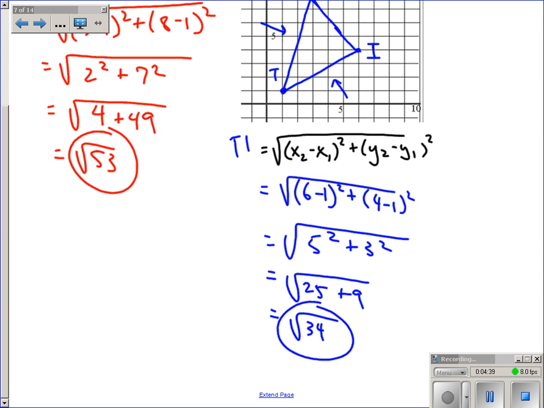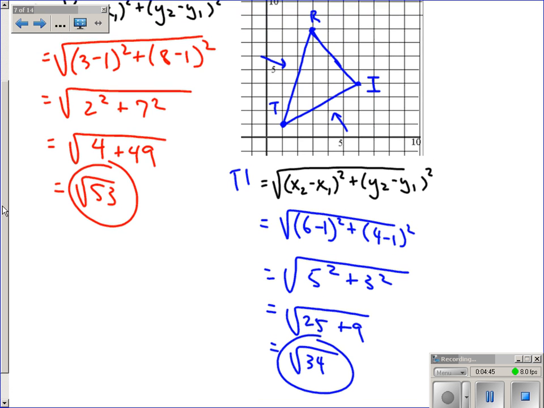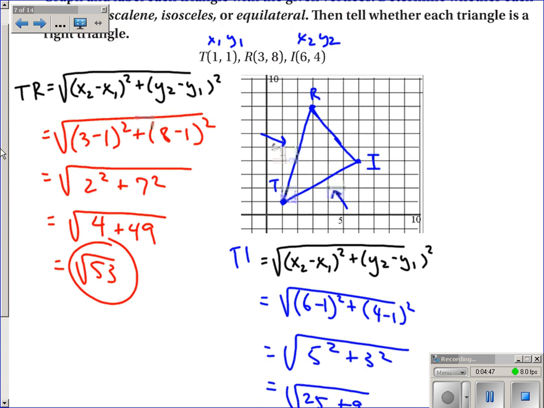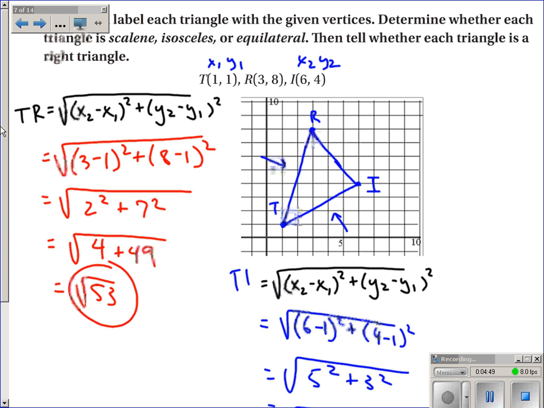So the square root of 34 and the square root of 53 are not the same. So, like I thought, this is actually scalene because all three sides are of different length.